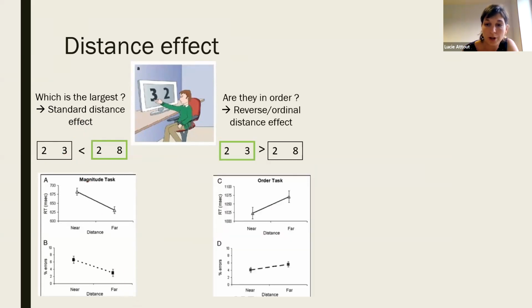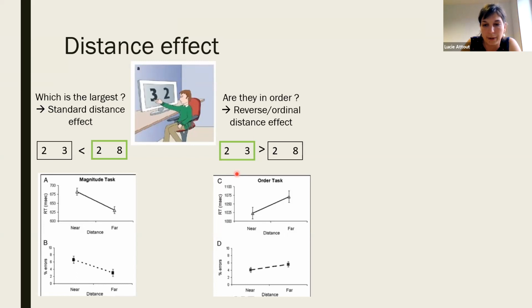However, when we have to judge the order of two numbers, we usually observe the reverse pattern, with faster responses and fewer errors when the two numbers come from close distances. And this is especially true for judging triplets of numbers. This is what we call the reverse distance effect or the ordinal distance effect.